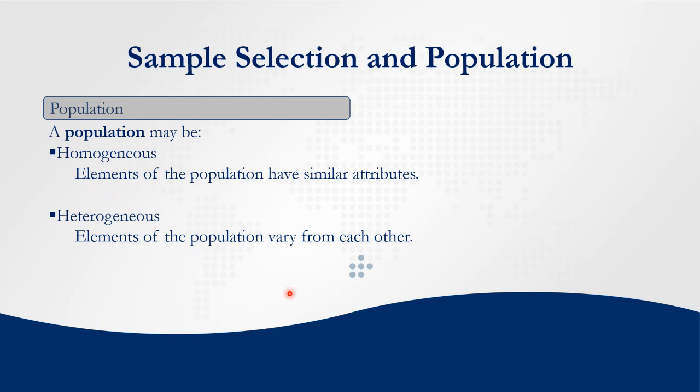So access can differ. In that case, they will be heterogeneous, and it's going to influence your sampling. You will see as we proceed. I'll make reference to the example as we proceed.